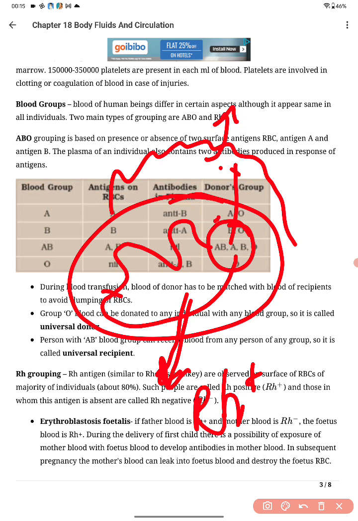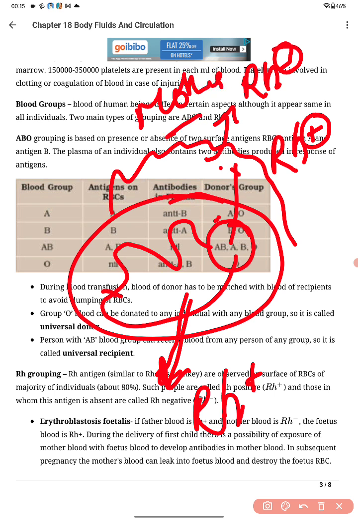The baby's blood, which is Rh positive, leaks into the Rh negative mother, because of which the mother is exposed to the Rh antigen for the first time.